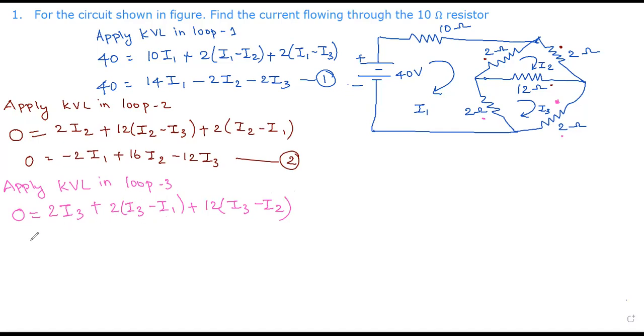Finally, by solving this equation, we'll get 0 equal to minus 2 I1 minus 12 I2 plus 16 I3.